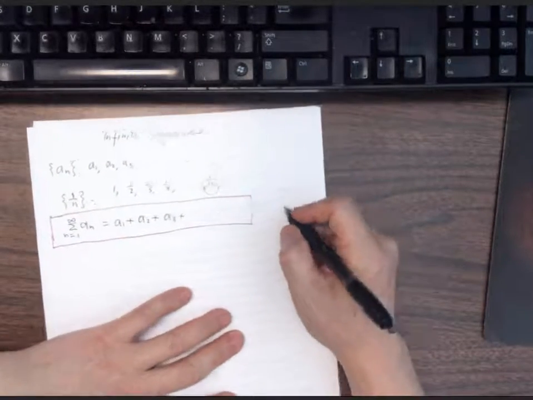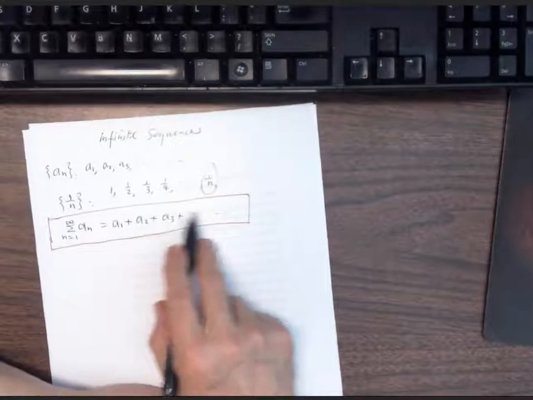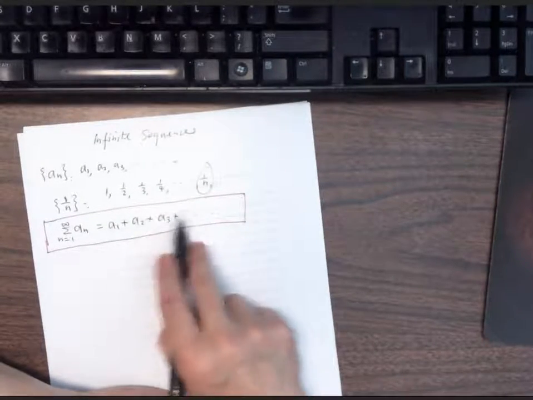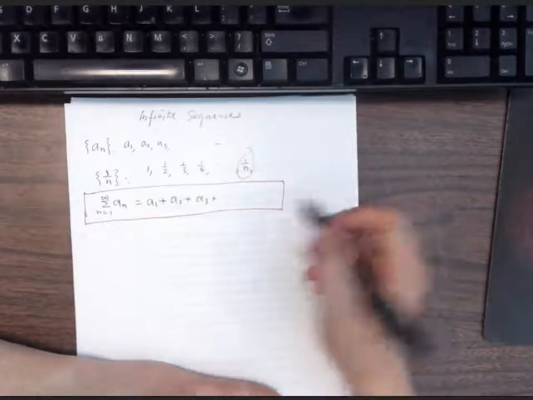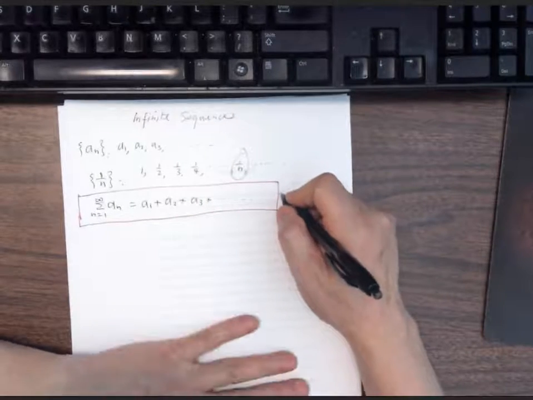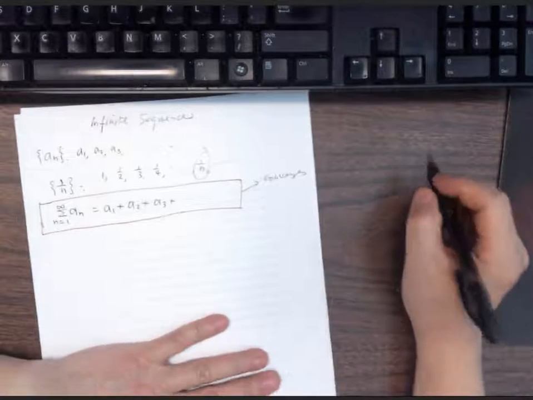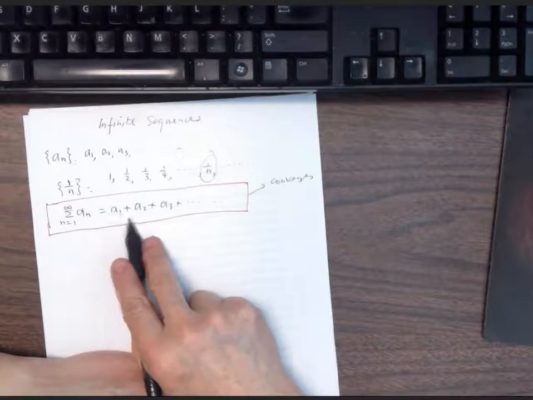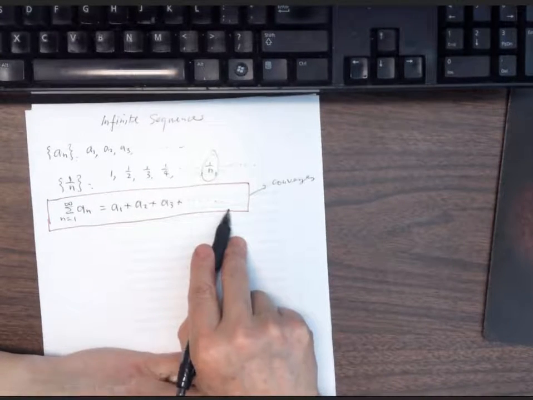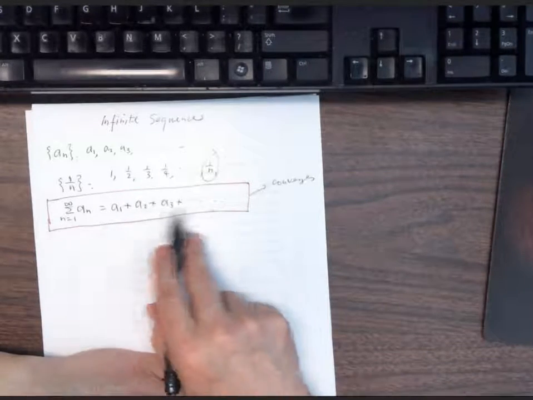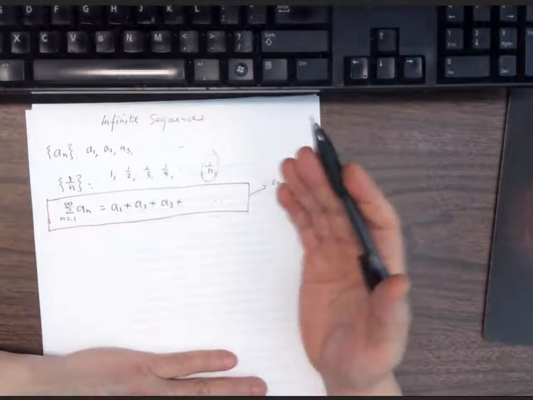Well, basically we say this: if the sum is a finite number, we say the series converges. If the sum is infinity, very easily, you add infinitely many numbers up, the answer is infinity.